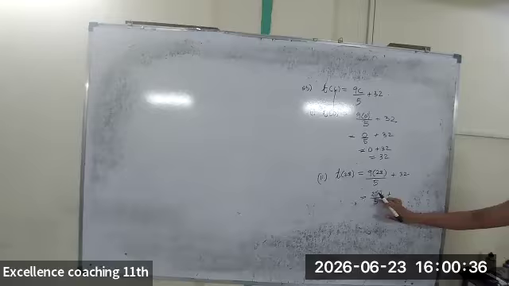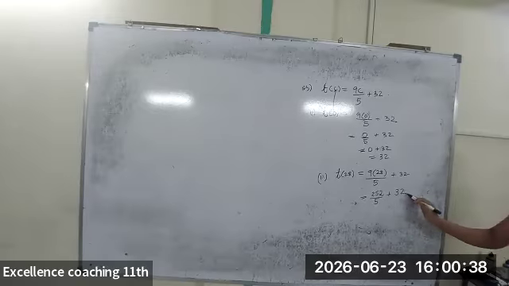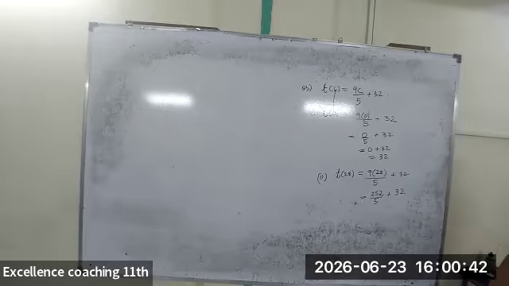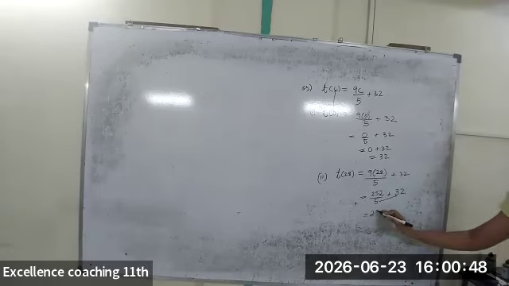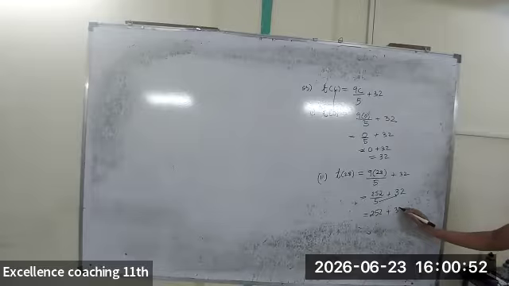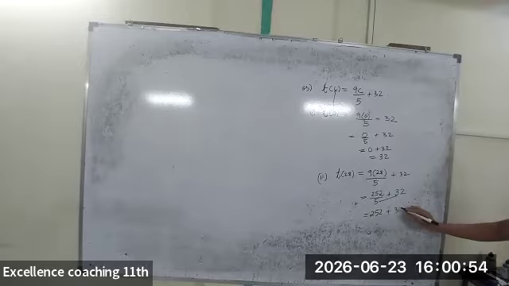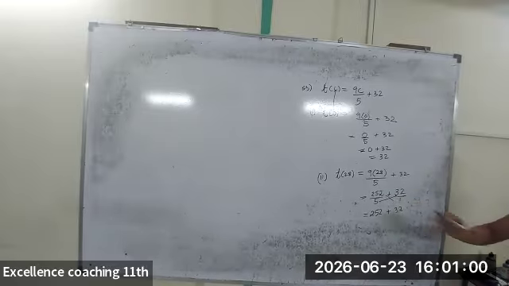Nine into 28 will give you 252. Now you have to cross multiply, so 5 will get multiplied here. Plus 32 into 5. Or if nothing is there, you have to take it as 1, you know that, and then cross multiply.